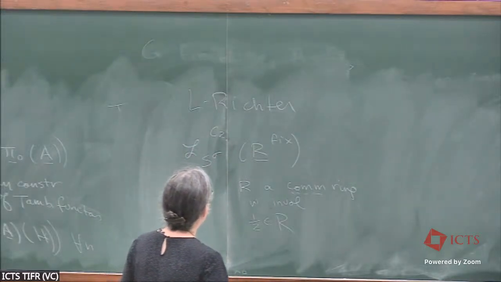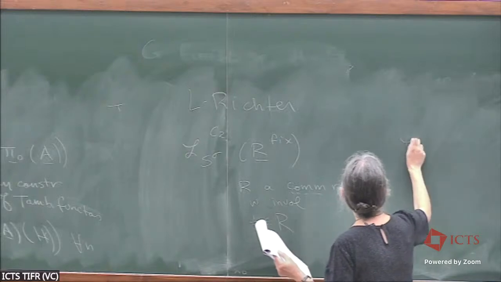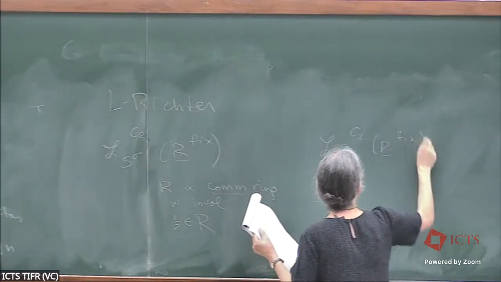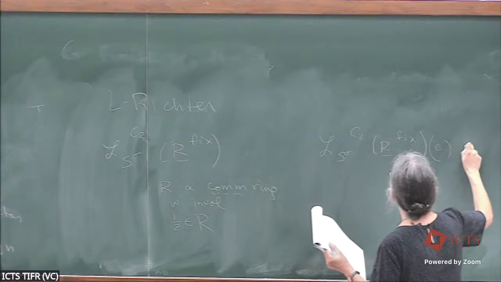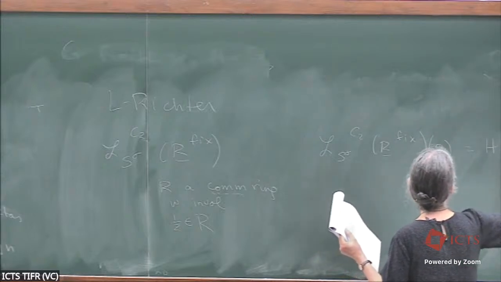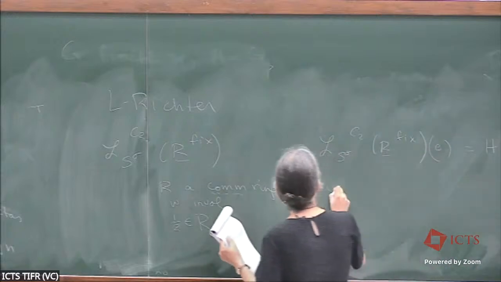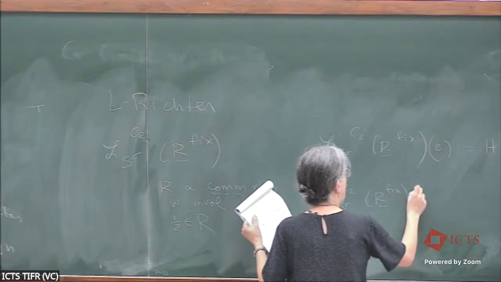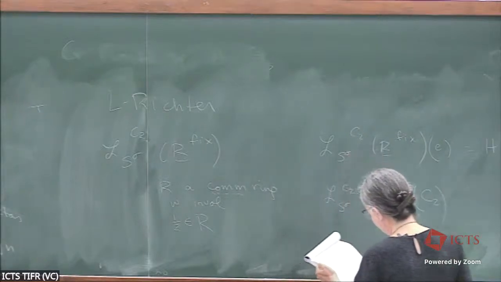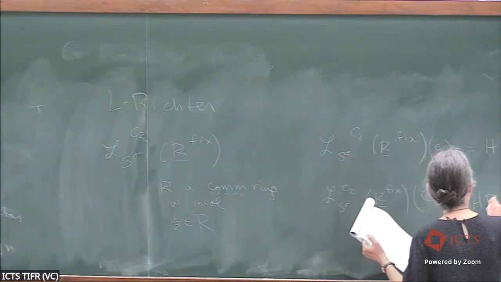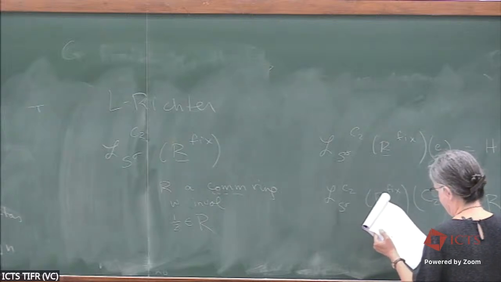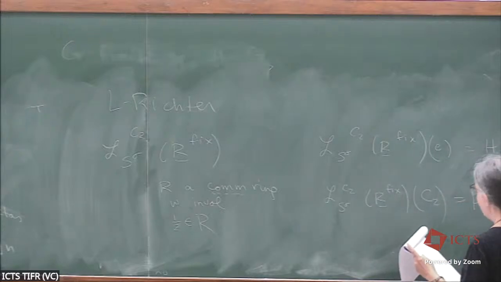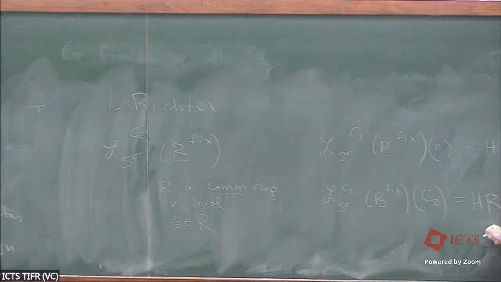So we look at this, and of course we know that if we do L S sigma C2 of R fixed at E, we just get Hochschild, the Hochschild complex of R. But if we do L S sigma C2 of R fixed at C2, and that's the strange one, then we get something called HR star plus Z R R. And this is not for representation homology like Hsiang and Ramadas.